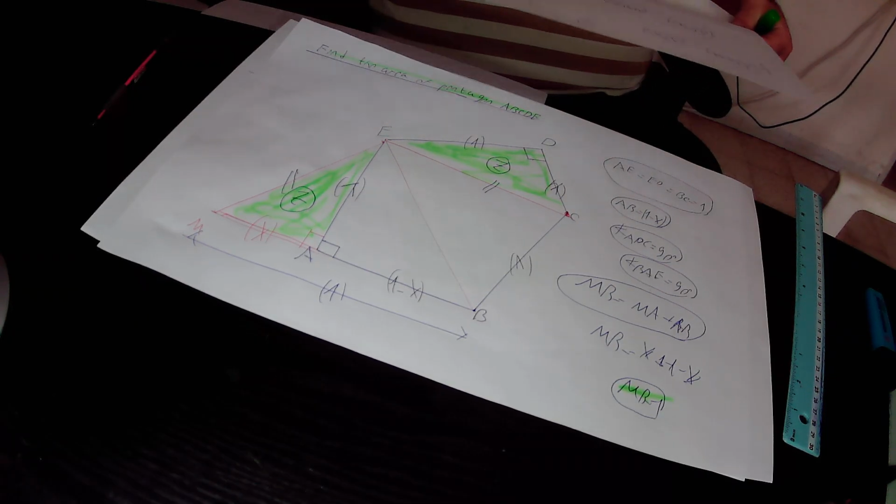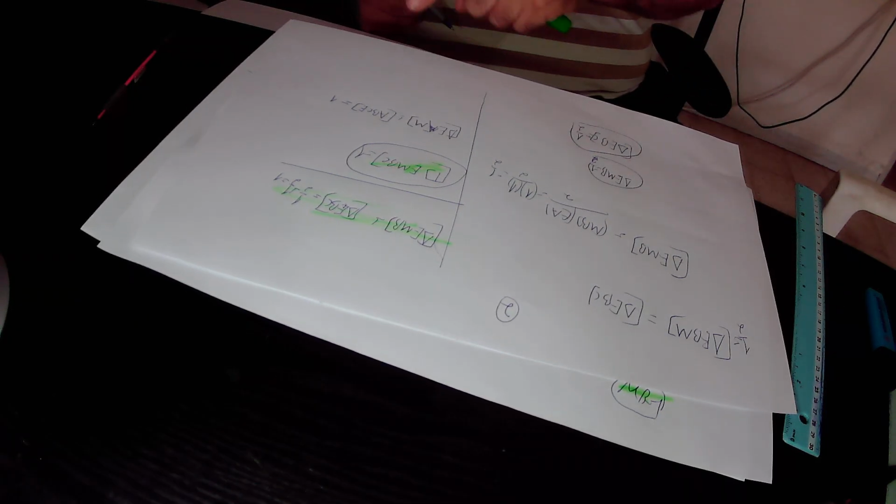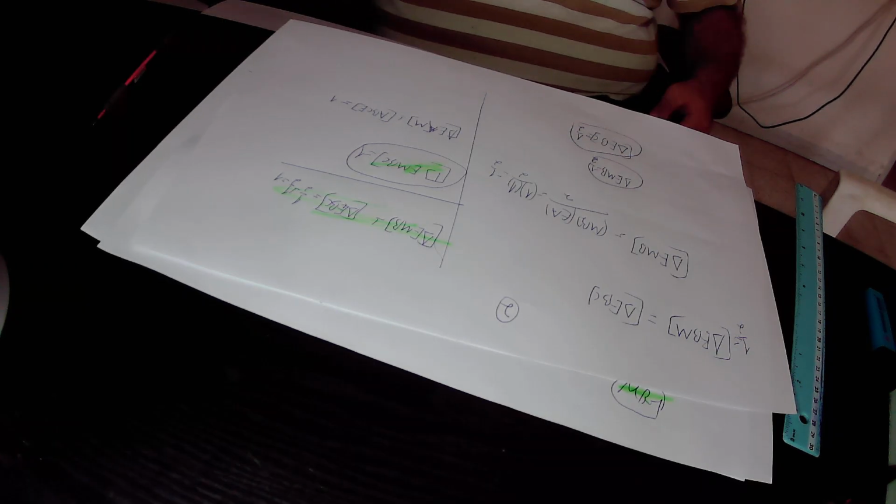Therefore, the area of the green right triangle EAM plus the area of quadrilateral ABCE equals 1.